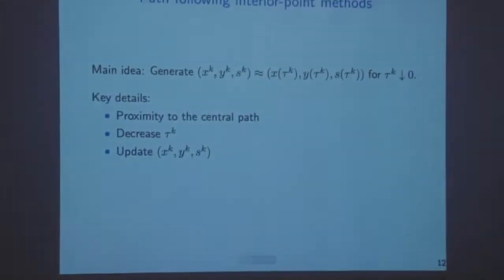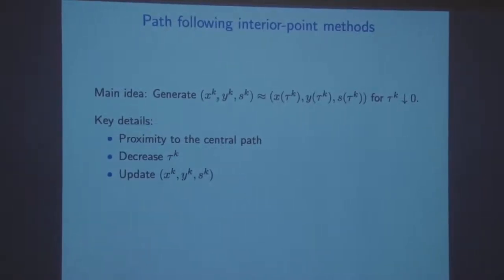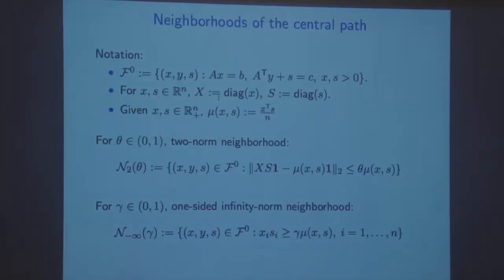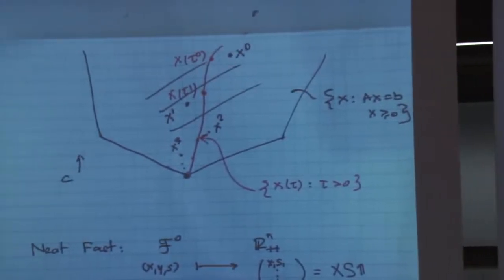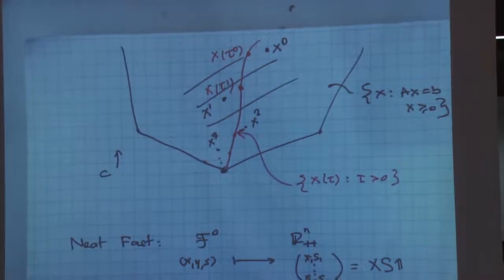Remember the key points that we want to clarify here: what is the proximity to the central path, how do we decrease tau, and how do we update our iterates. In some way, we need to formalize what it means to be near the central path. This is the so-called two-norm neighborhood of the central path.